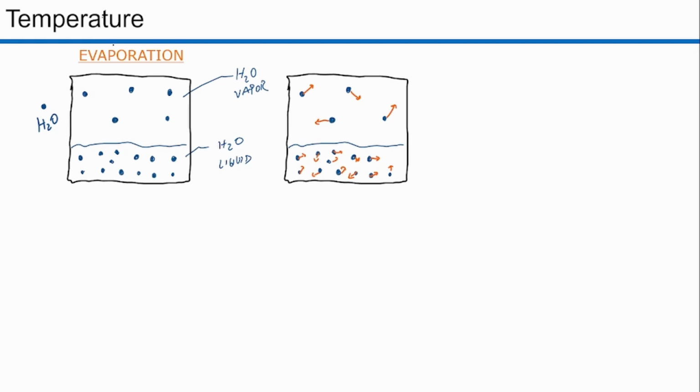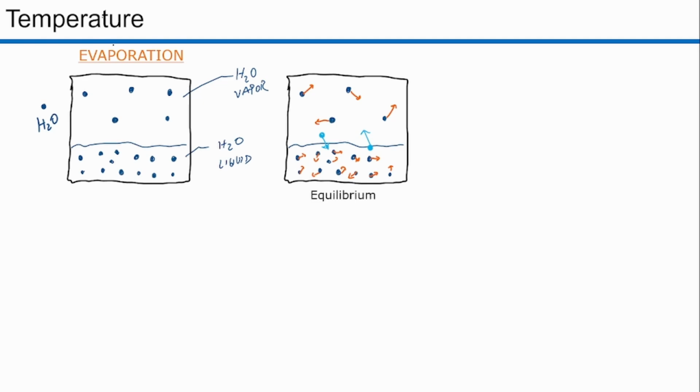So eventually some molecules will jump off the liquid phase and transition to the vapor phase because they gain enough energy, and some molecules from the vapor state will lose enough energy and come back to the liquid phase. When this happens at the same rate, molecules going up, molecules coming down, it's an equilibrium, and we see that as nothing changing.